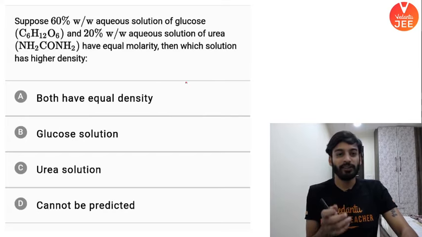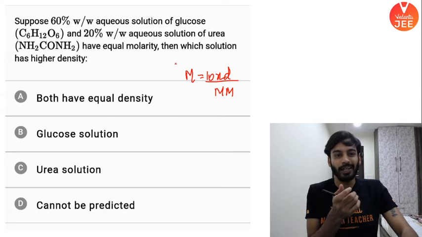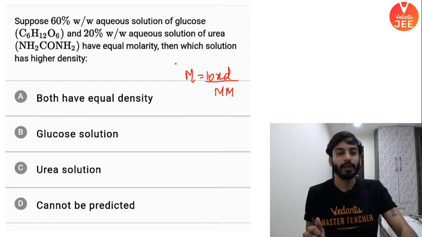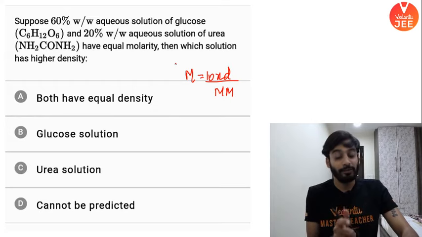Molecularity, not molecularity, I'm so sorry. Molarity is nothing but 10xd by molar mass. Here x is the percentage, right? In W by W, 60% is there, so x value would be taken as 60, correct? And if 20% W by W is there, x value would be taken as 20. Density we have to calculate.